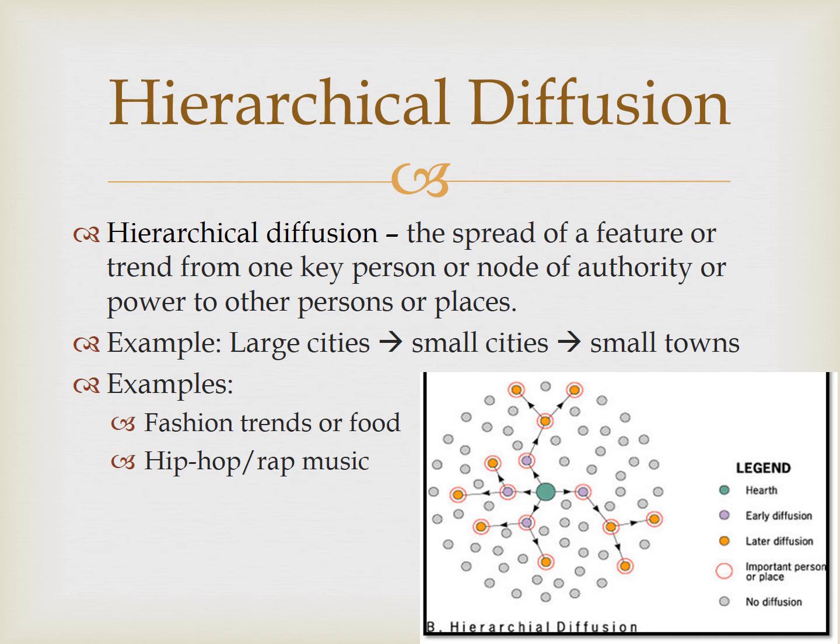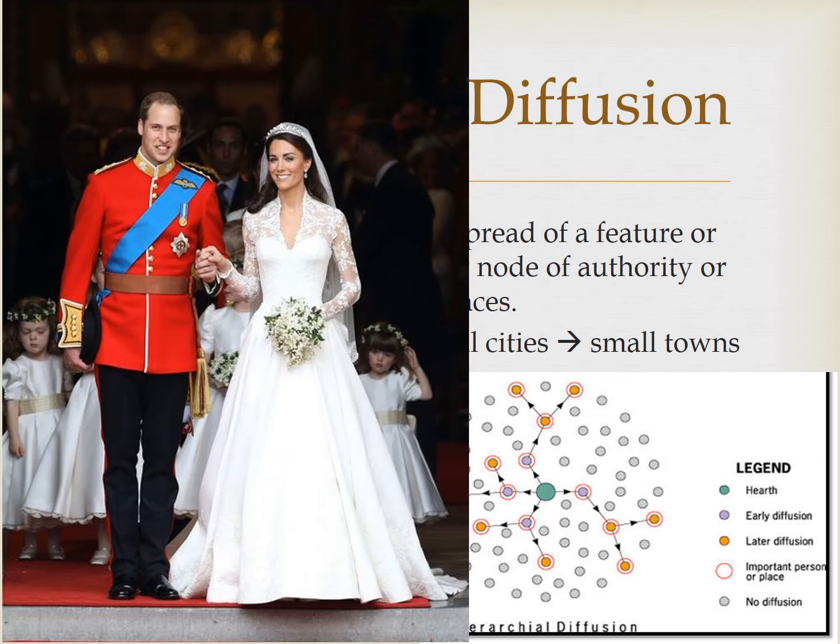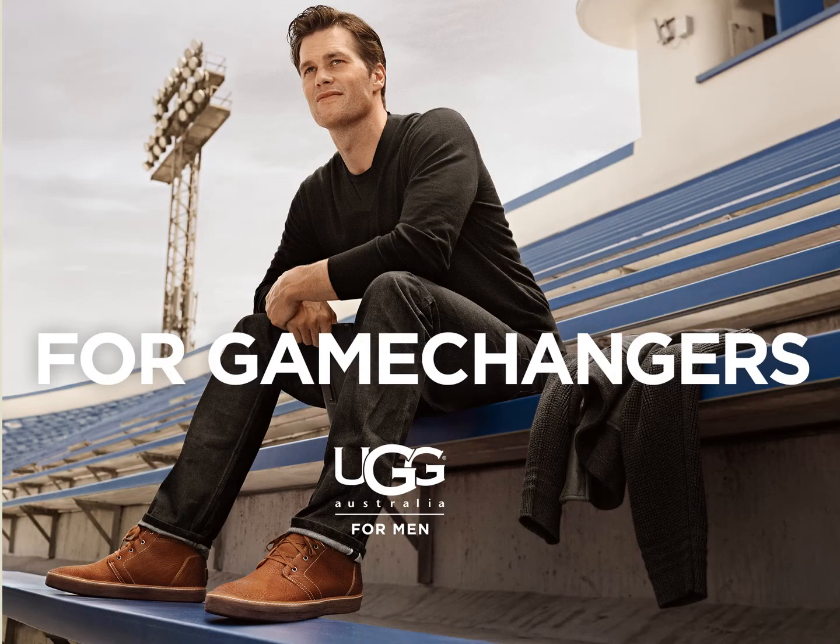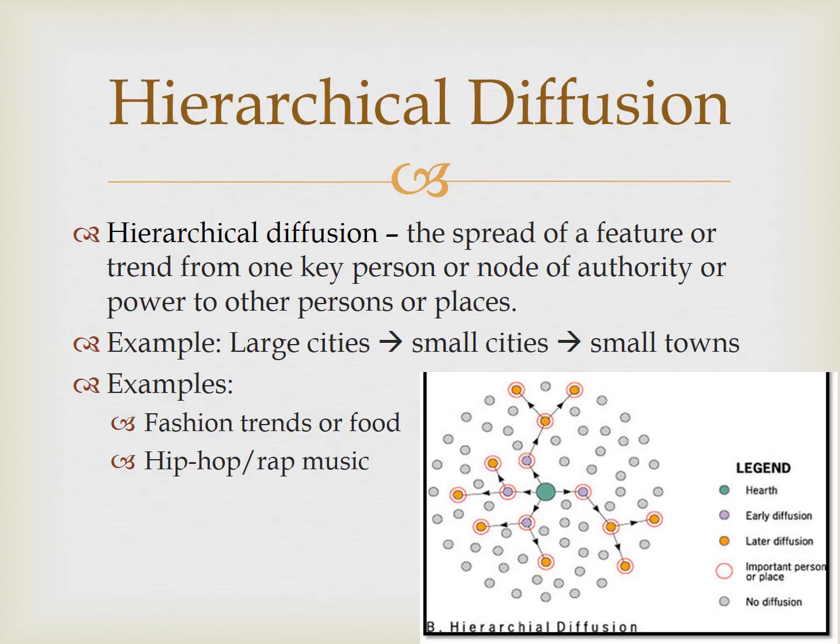Whether it's Princess Kate's wedding dress sparking huge surges in attempts to imitate it, or professional athletes and celebrities endorsing a certain clothing brand, it's all about a hierarchy. So to use the internet again, if a social media influencer or celebrity posts something and their followers adopt it, that would be better described as hierarchical diffusion rather than contagious. That's how this stuff can get tricky.